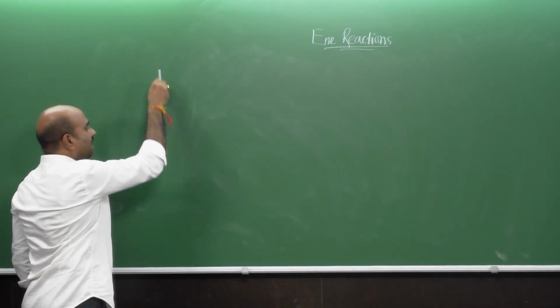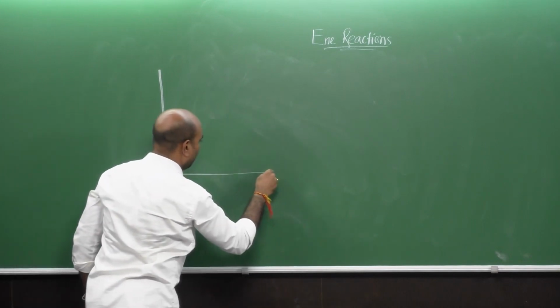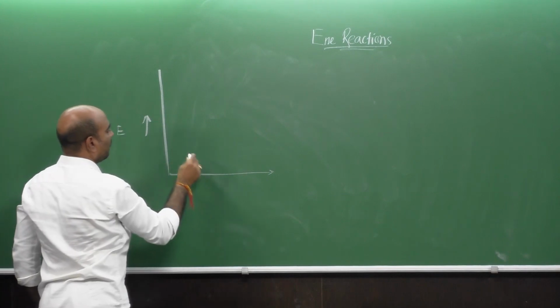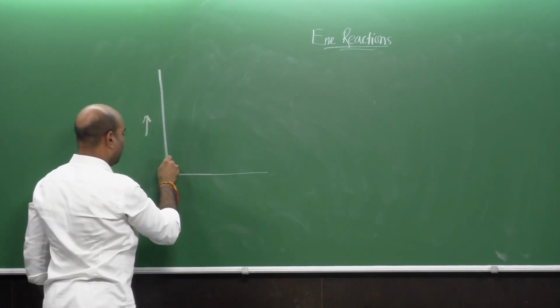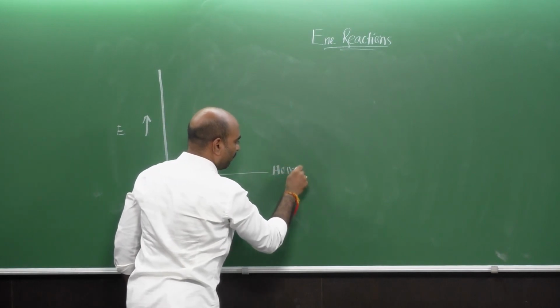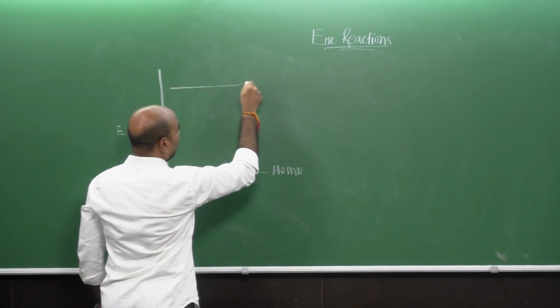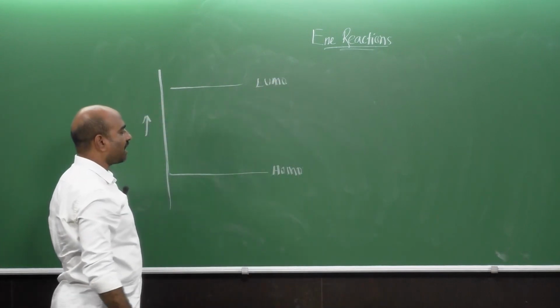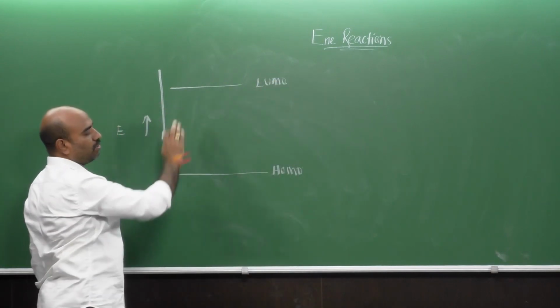So, if this is the energy profile, right, and in that, if this is the energy of the HOMO and this is the energy of the LUMO molecular orbital, the reaction should happen from HOMO to LUMO.